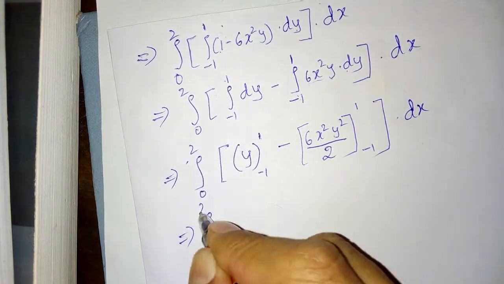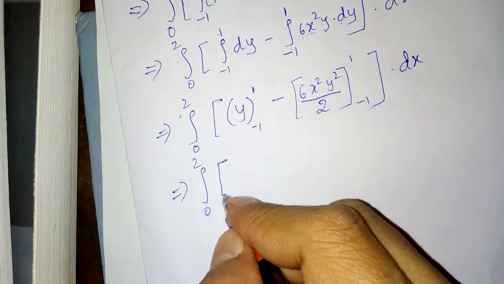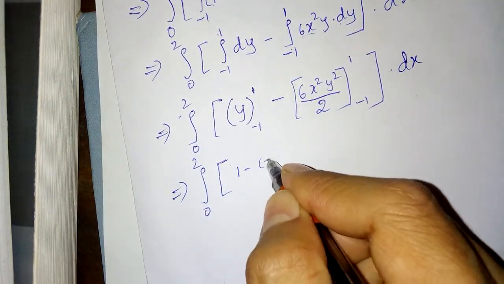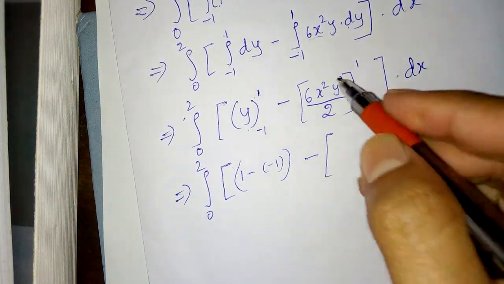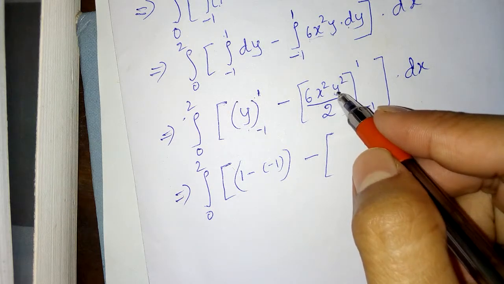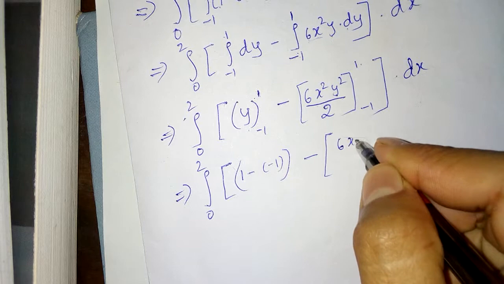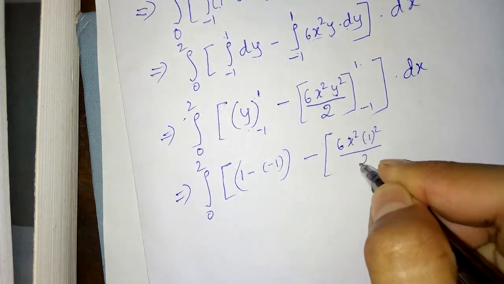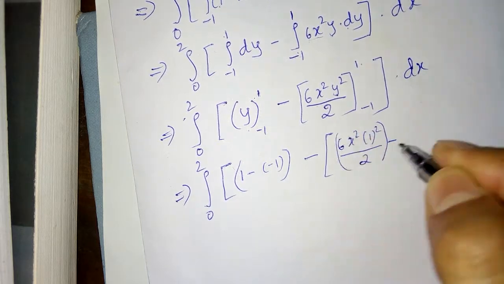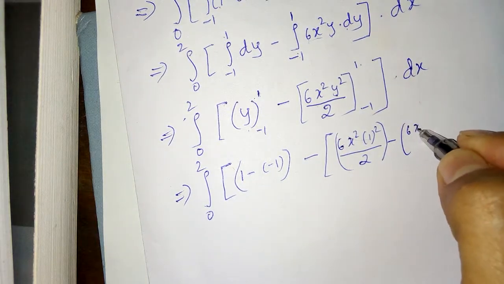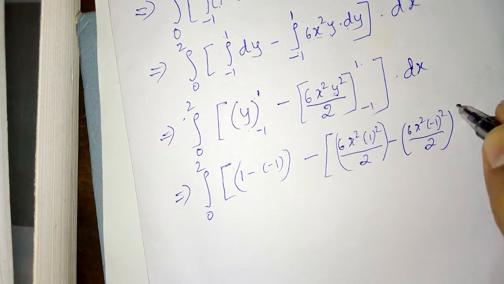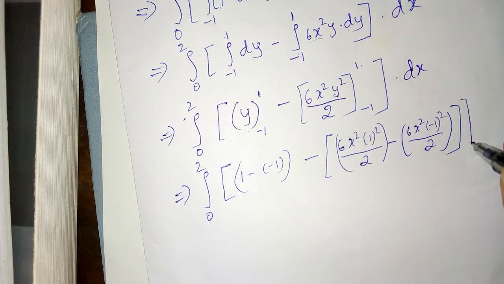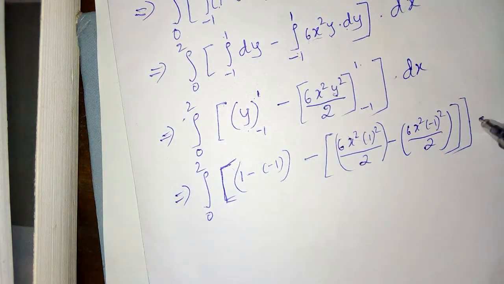Now from 0 to 2, the first part becomes 1 minus minus 1, and this one becomes minus, and we can put in the place of y, 1, so 6x squared times 1 squared divided by 2, minus 6x squared in the place of y squared, minus 1 squared divided by 2, dx.